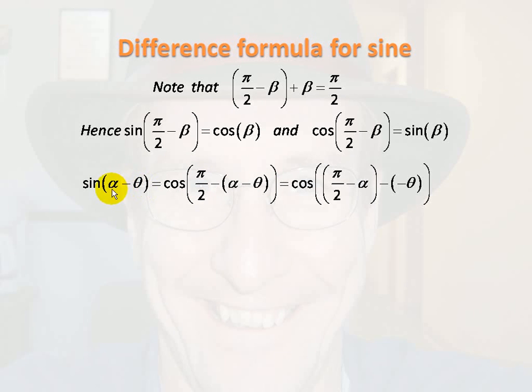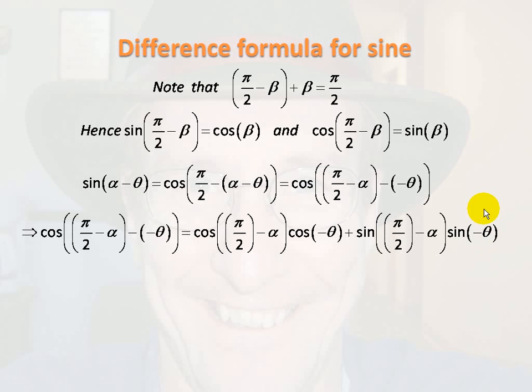You're looking at alpha minus theta as one angle. Now I just want to do a little rearranging, pull the alpha in with the pi over 2, and we get cosine of pi over 2 minus alpha minus a negative theta.